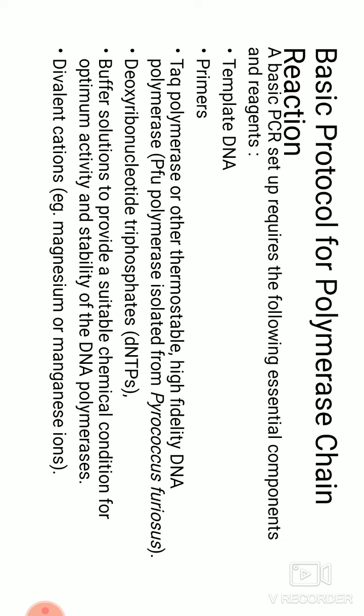Now coming to Taq polymerase, initially people used Taq polymerase as such. Now you have a diversity of Taq polymerases, because when you start a PCR reaction, you are mixing everything and then putting it into the PCR machine, and then starting the process, which has various steps.